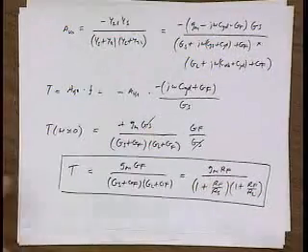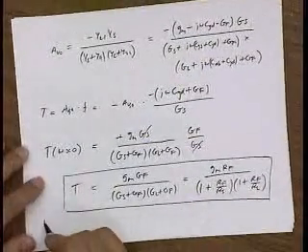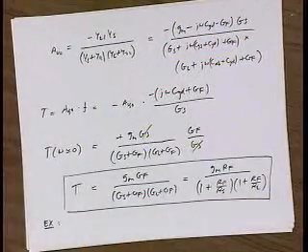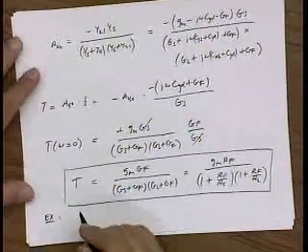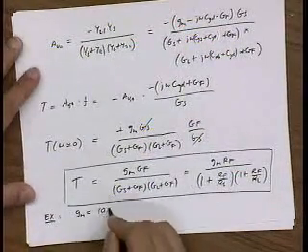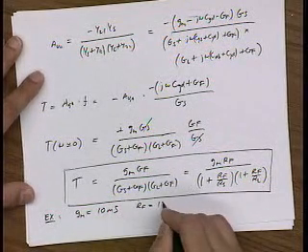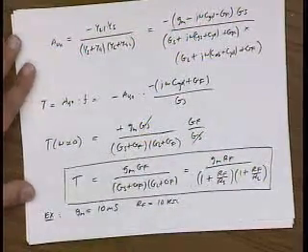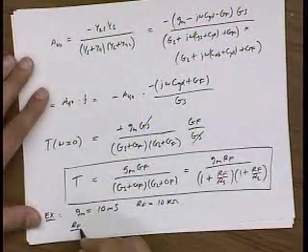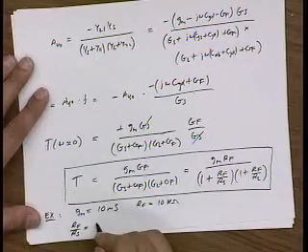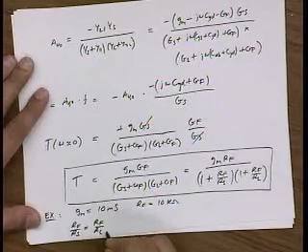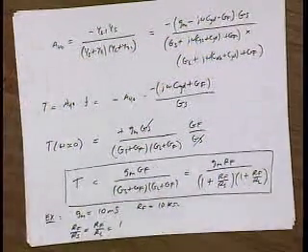Now let's plug in some numbers just to make sure our loop gain is bigger than 1, otherwise the feedback's not doing us much good. Let's say I have a GM of 10 millisiemens. Let's say RF is 10 kiloohms. And let's say RF over RS, just for simplicity, is equal to RF over RL is equal to 1. In other words, our source and load are 10K.